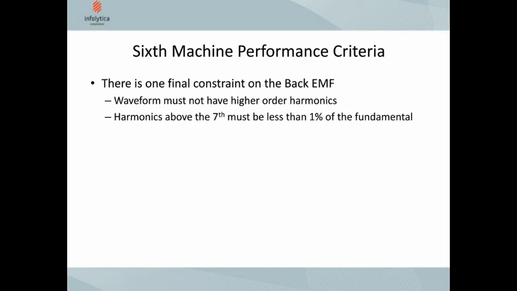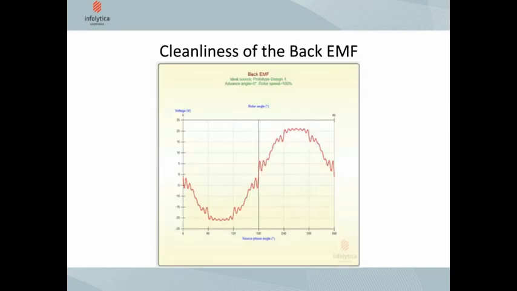Here I have a reference for a back EMF which would be a failed design, because as we look at this voltage for the design, we see that it actually has some significant higher order harmonics. In fact, the 37th harmonic has an amplitude which is nearly 5% of the fundamental.